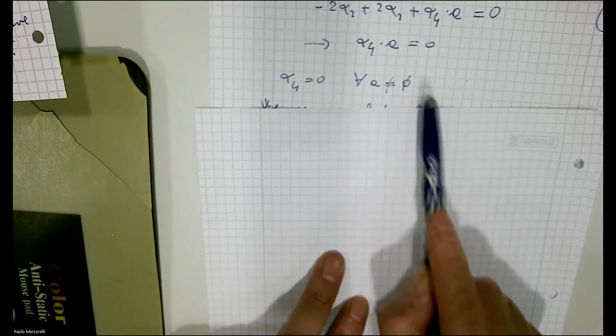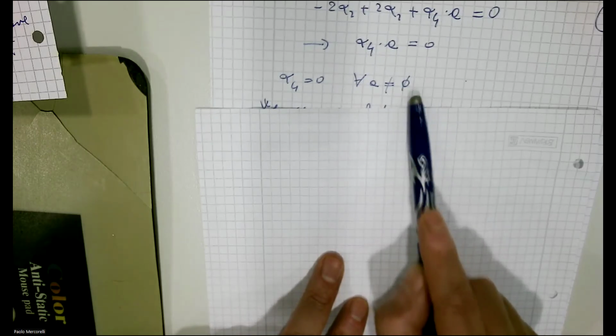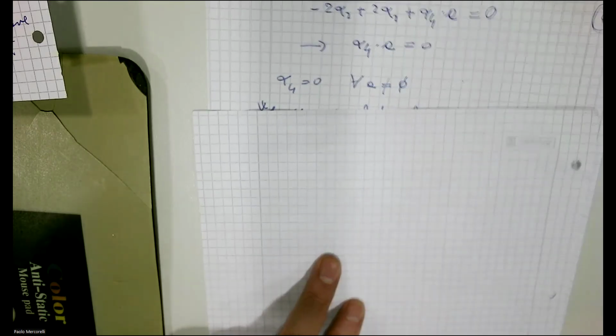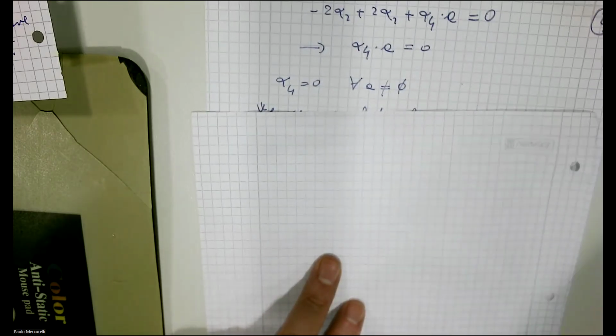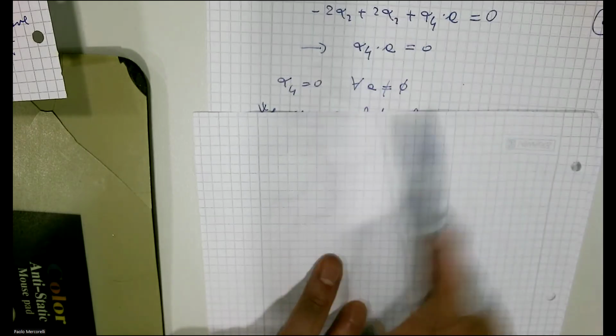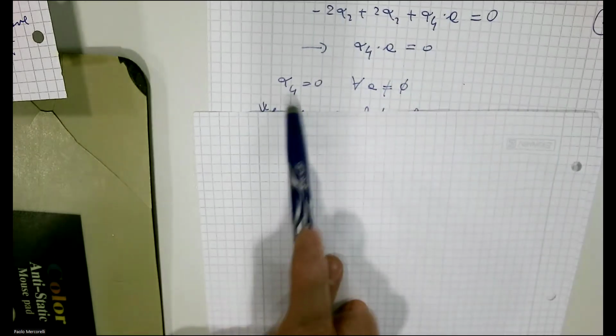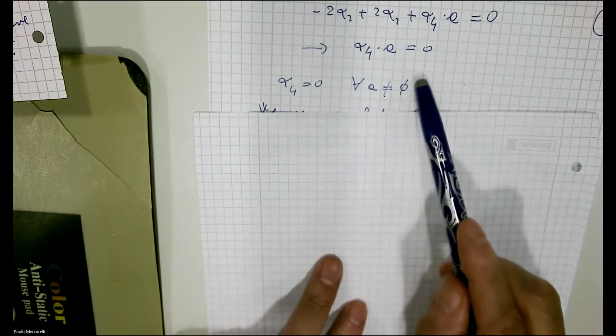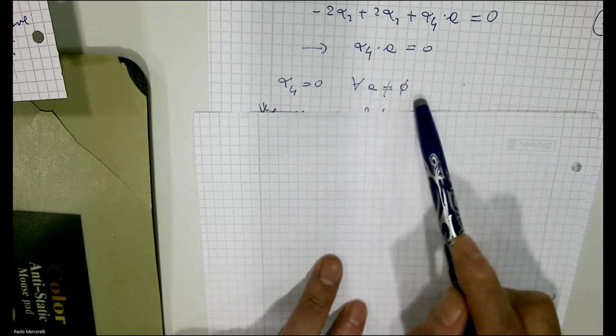Therefore, at the beginning, I told you, please pay attention. A must not be zero, assuming that A is not zero. Remember at the beginning, I told you. Now it's coming back here, this condition, in this case, because alpha 4 is equal to 0 if A is not 0.